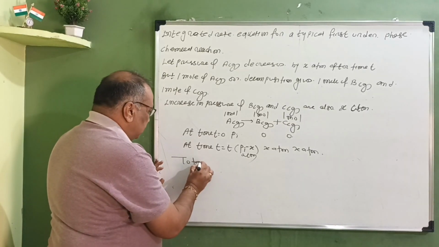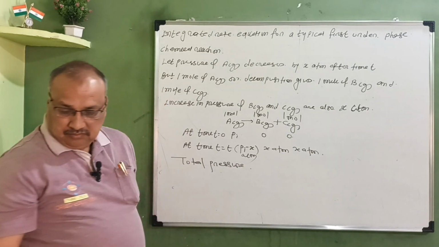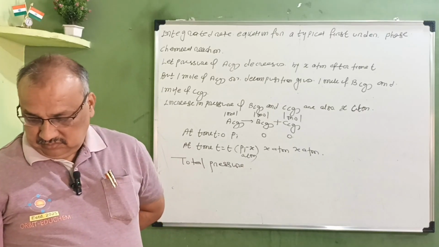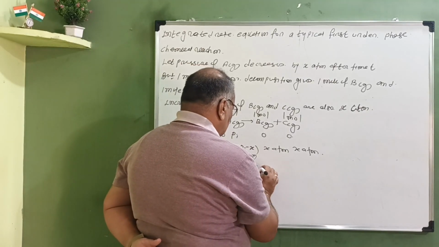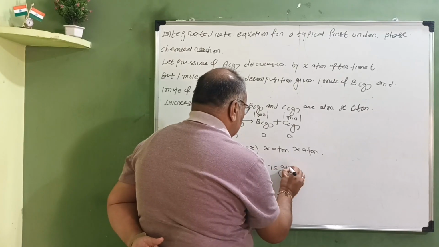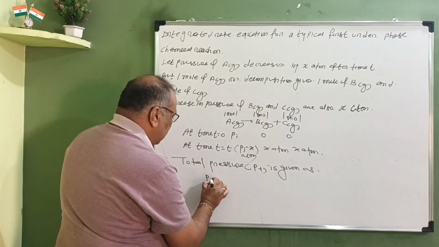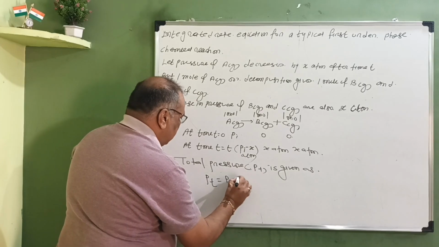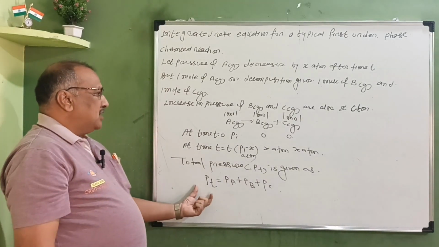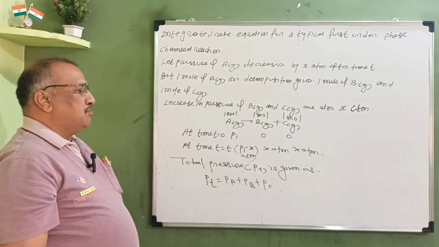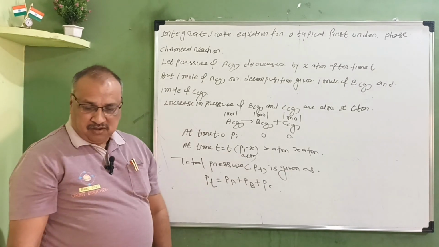Now here total pressure PT is given as, that is PT equal to PA plus PB plus PC. That is total pressure is equal to partial pressure of A gas plus partial pressure of B gas plus partial pressure of C gas.